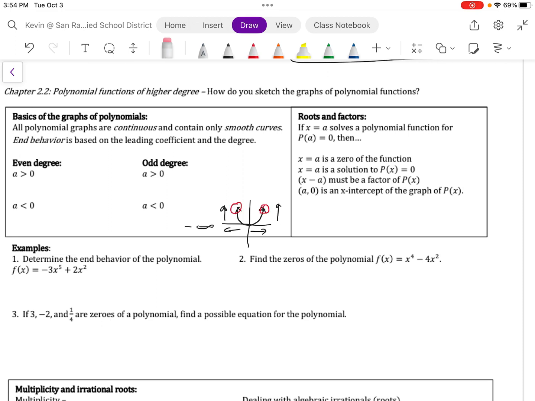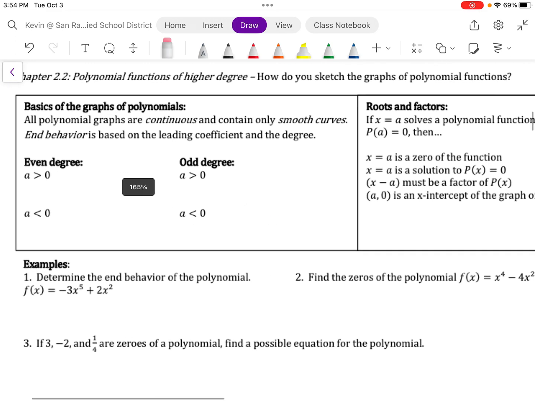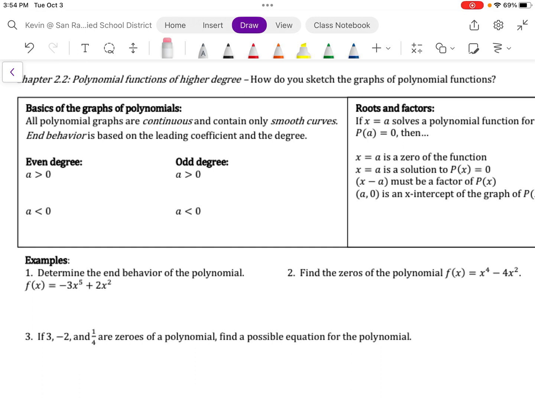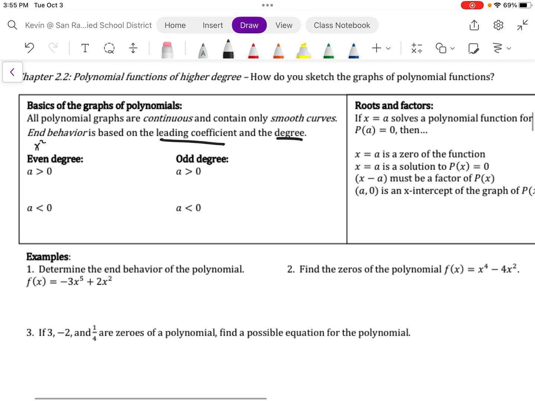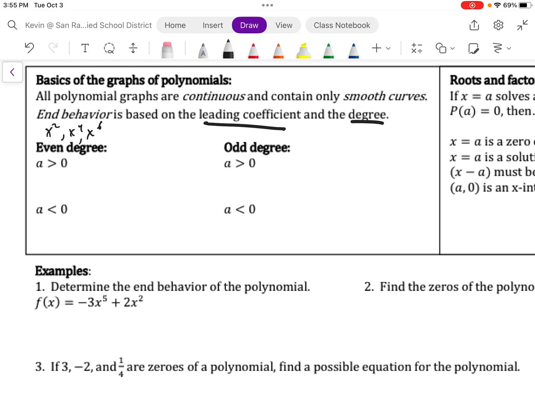There are some similarities or basics here in terms of all of our polynomials, and it is all based on the leading coefficient and the degree. If we have an even degree, we're talking about x squared, x to the fourth, x to the sixth, all even degree polynomials.